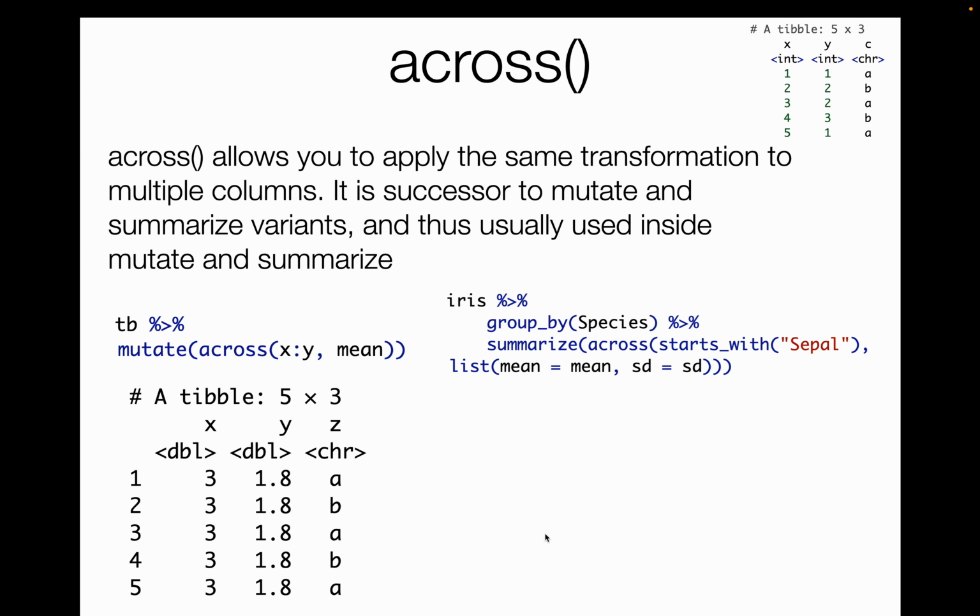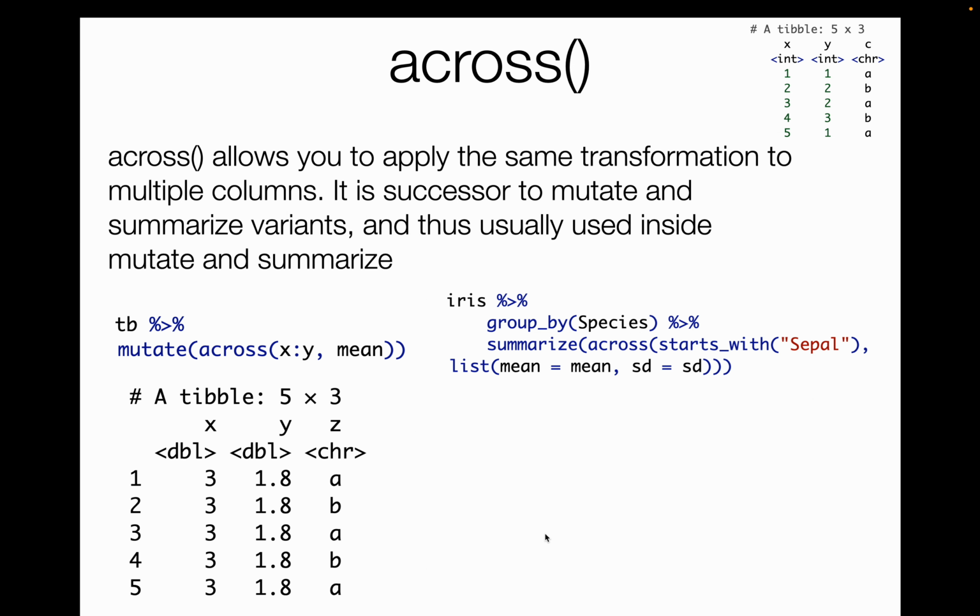Okay, so what am I doing here? Well, I'm taking the iris data set and I'm grouping by the species. So I want to do a conditional computation on each of the species. I want to find the mean and the standard deviation of each species, and I want to do that for each of the sepal columns.